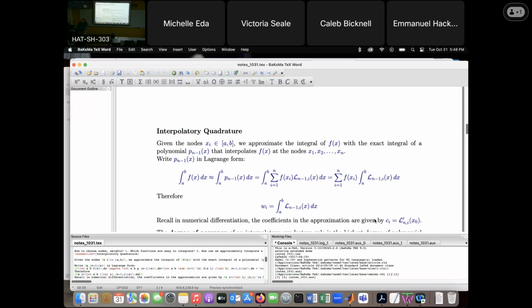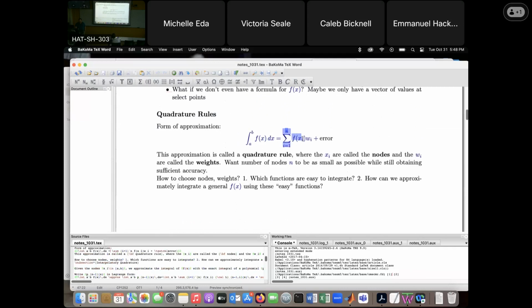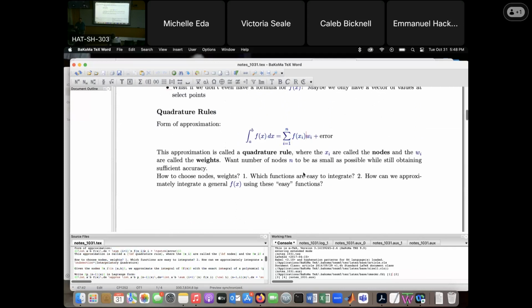The reason why we use Lagrange here, even though the polynomial is the same, is so that our approximation will have this form of sum of f values times weights. Since the Lagrange form is the only one that has the values of f at the nodes as coefficients, that's why Lagrange makes sense.